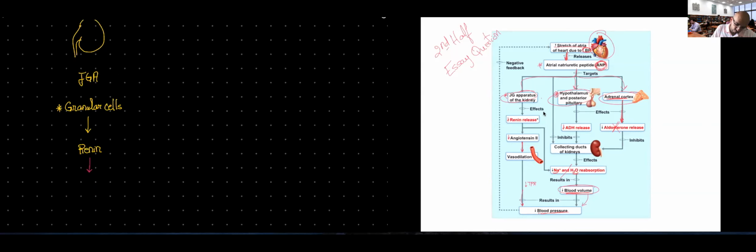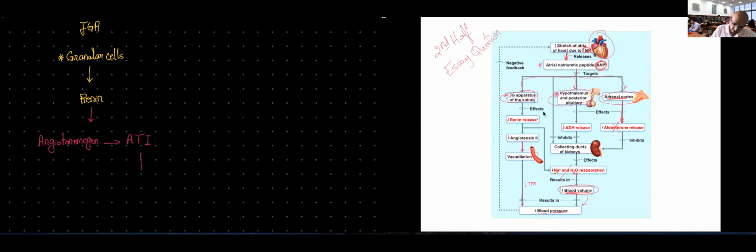First, I will be transforming angiotensinogen into angiotensin I, and then angiotensin I gets converted into angiotensin II. This is my active form. Remember, in order for me to convert angiotensin I into angiotensin II, I will need another enzyme called angiotensin converting enzyme.